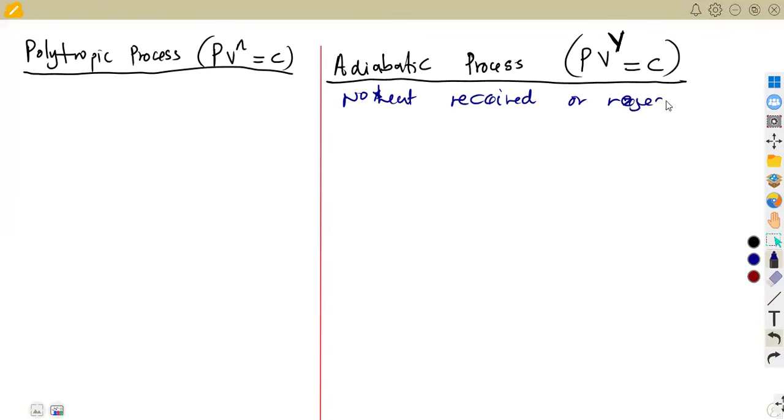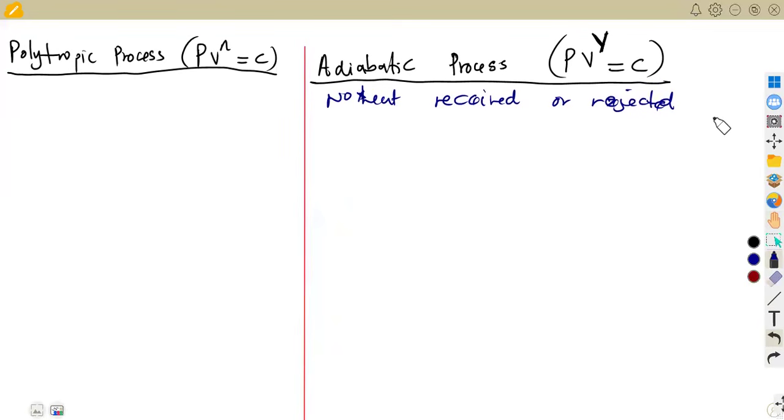That is the condition that is going to differ between these two. So that automatically tells us that Q must be equal to 0. Remember, Q is for the heat rejected or heat received.